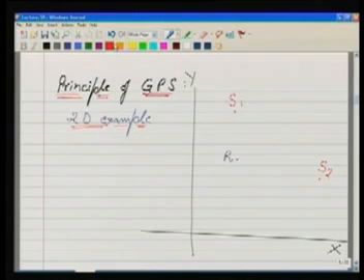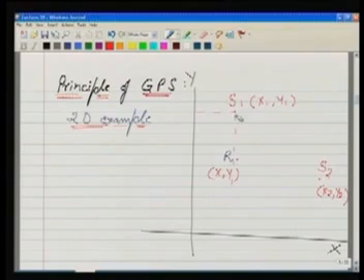S1 and S2 are known, meaning we know their coordinates. So we know x1, y1 for this one, and x2, y2 for this one. Now for R, we want to determine its coordinates, x and y. How should we do that?